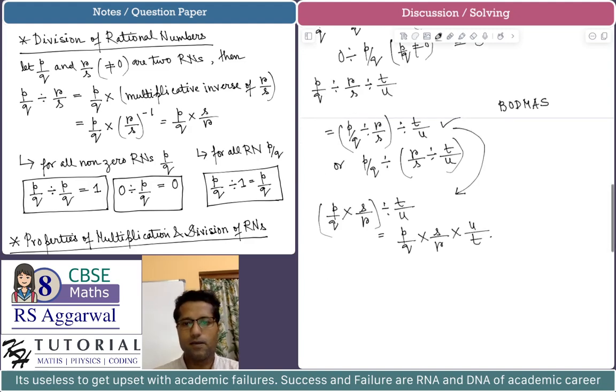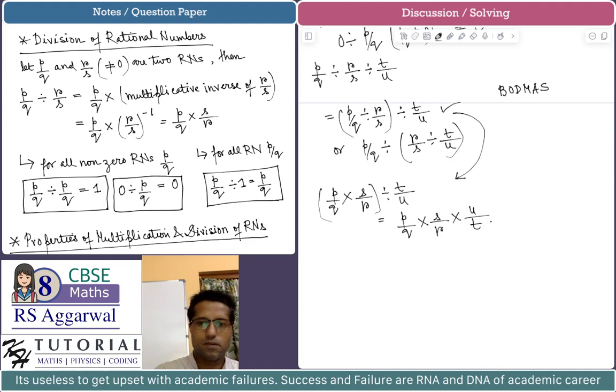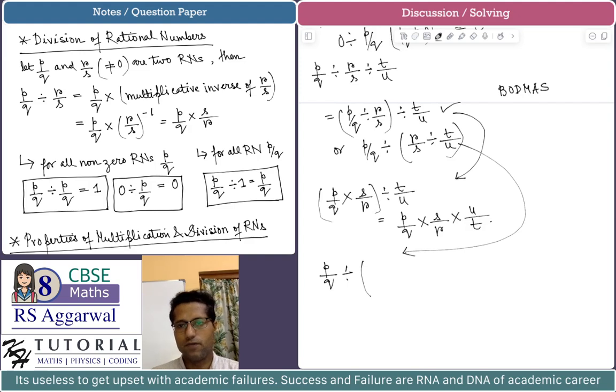Now if we apply the second rule, p by q divided by, first we simplify r by s divided by t by u. That becomes r by s multiplied by u by t, the multiplicative inverse of t by u.